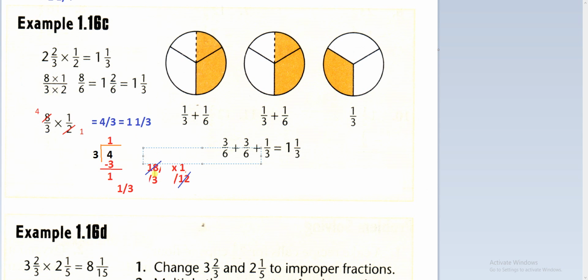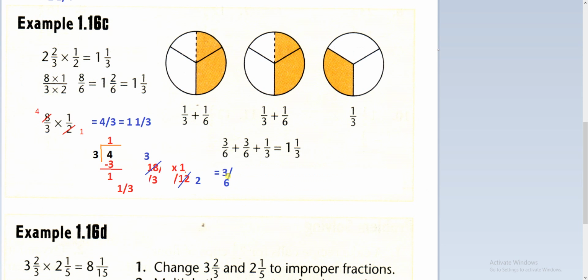So 18 divided by 6 would have left me with 3, and 12 divided by 6 would have left me with 2. So then whenever I cross multiplied, and after I times it straight out, I would have got 3 over 6.